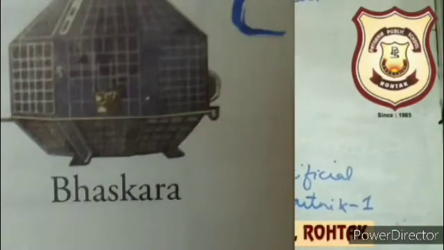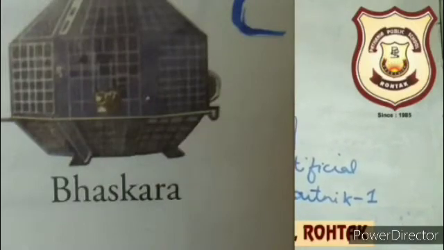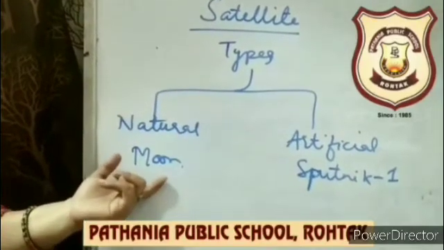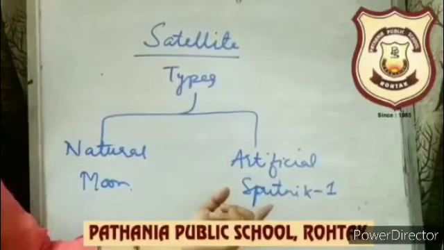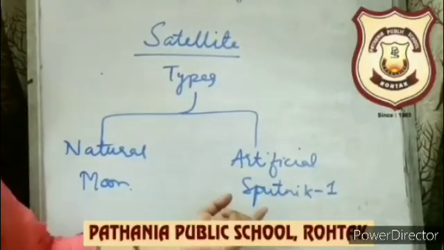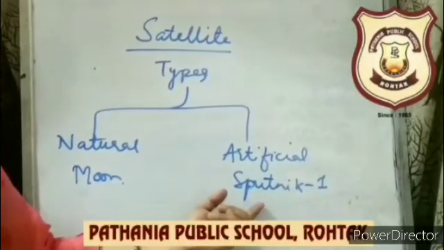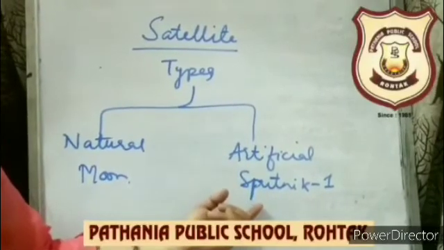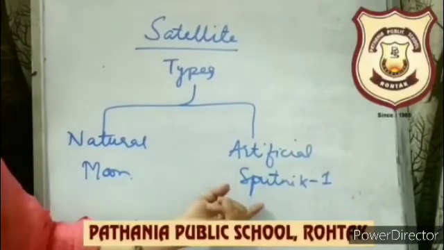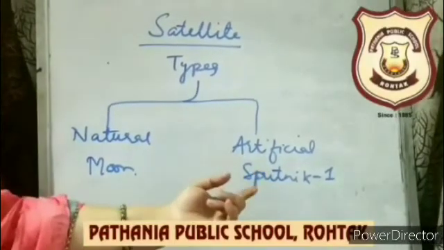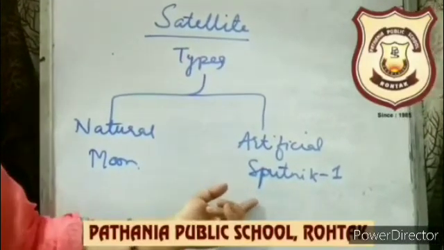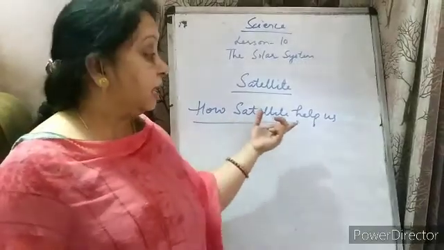These are examples of artificial satellites, and the natural satellite example is the moon.